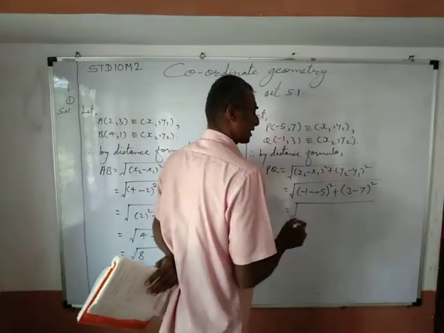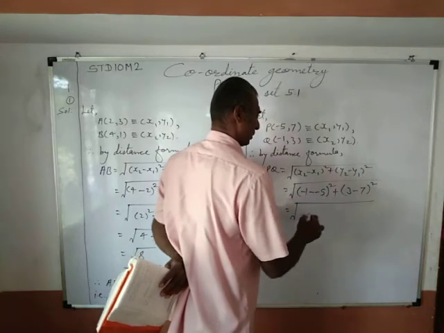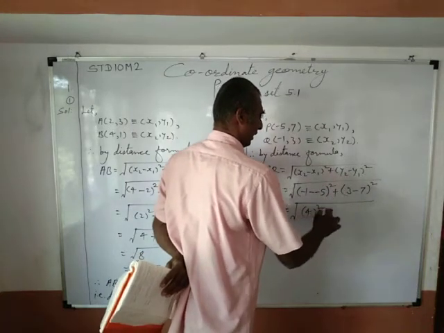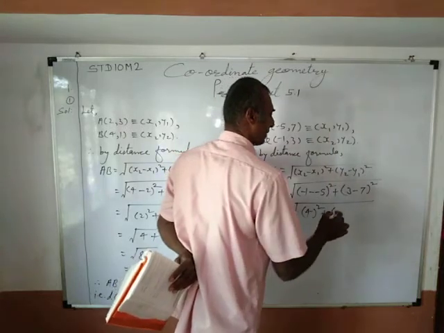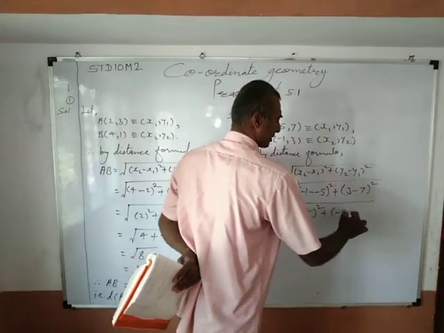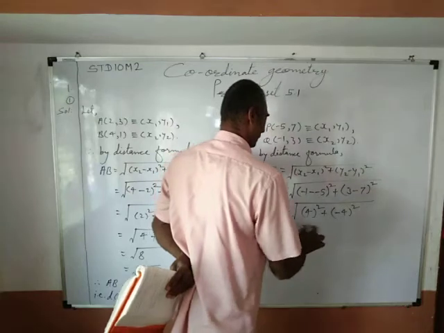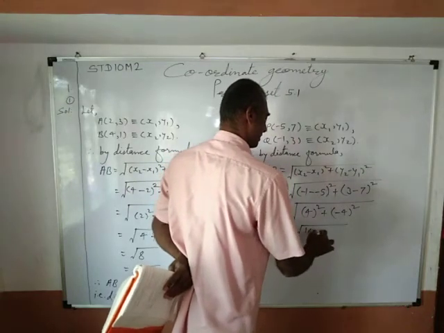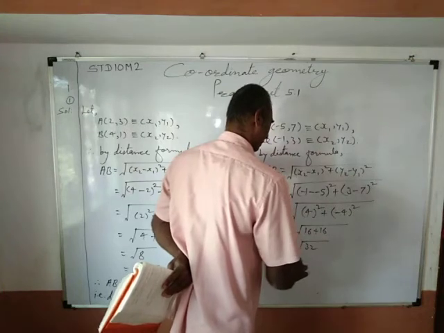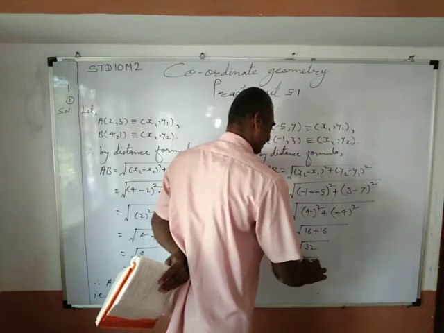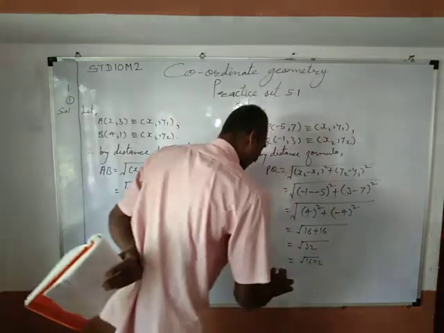Okay, minus 1 plus 5 gives us 4, its square plus (3 minus 7) bracket square means minus 4 its square, equals under root 16 plus 16, equals under root 32, equals under root 16 into 2.